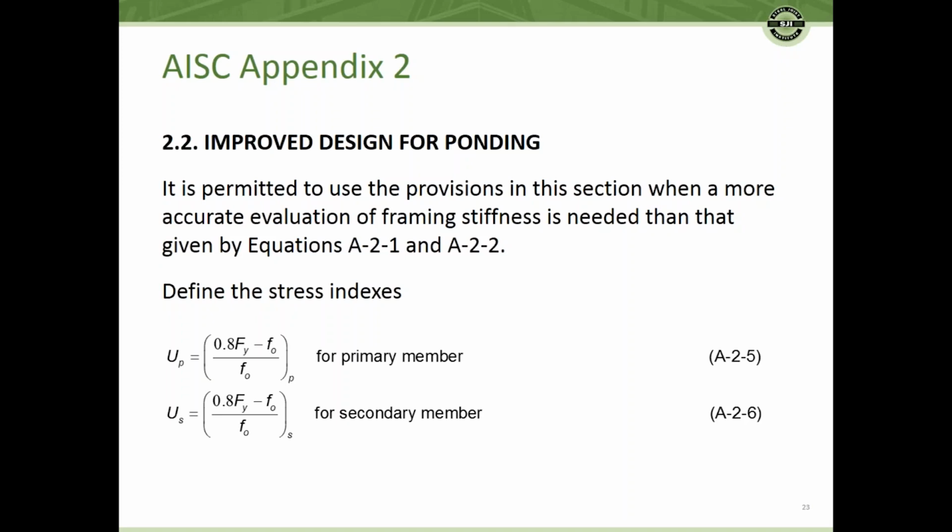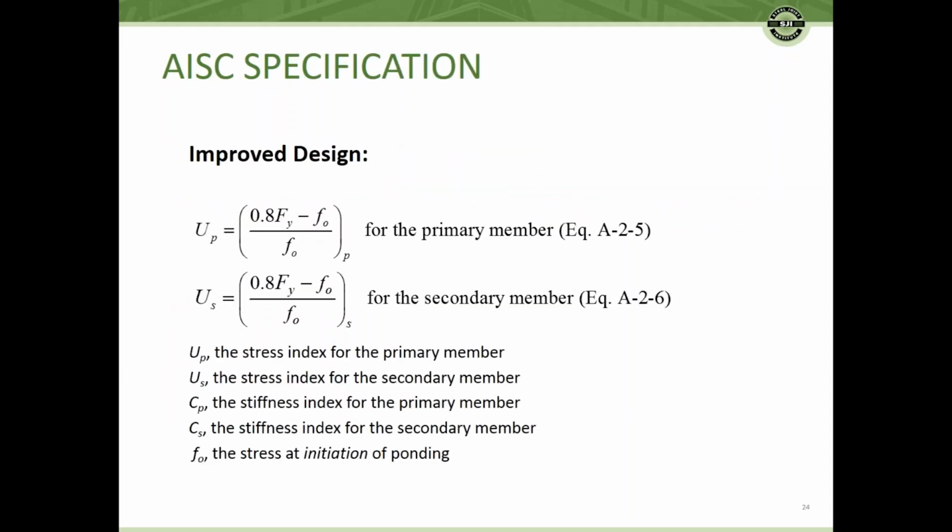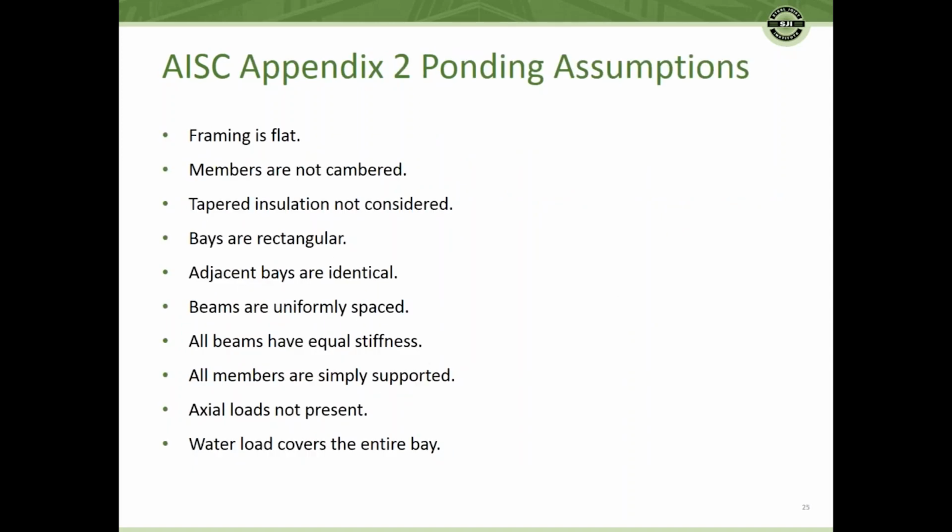And AISC basically allows the strength, or stress level, to go up to 0.8 F_y for ponding calculations. And here's just a slide that shows the U_p and U_s and those functions that must be arrived at.